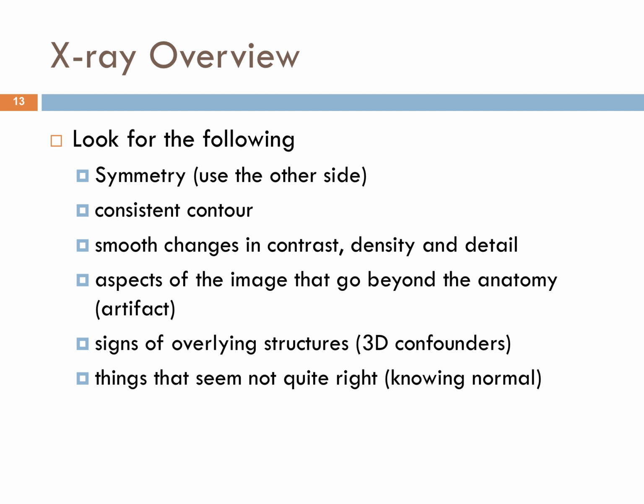What you're looking for is a consistent contour. So if you are looking at the right wrist and you see a break in the continuity, then that's more than likely a fracture. When you're looking at images of the human body, you need smooth changes in contrast, density, and detail.